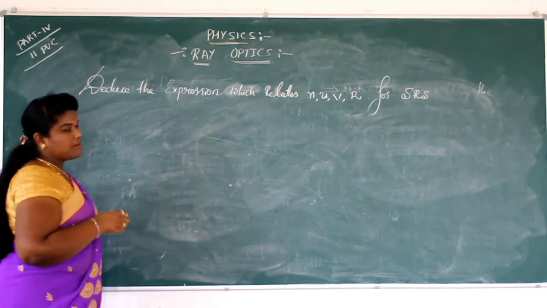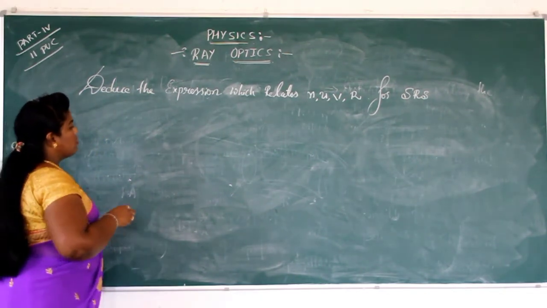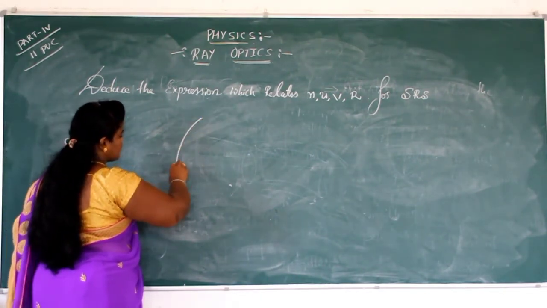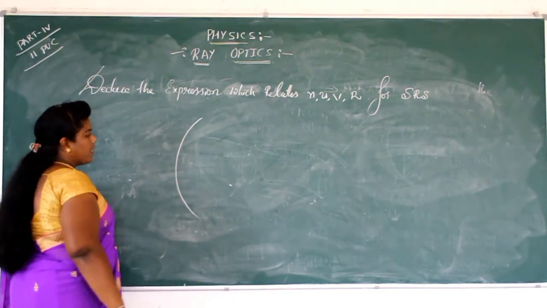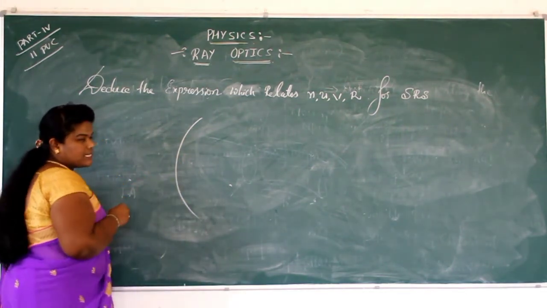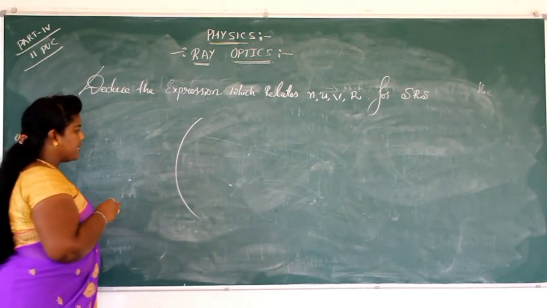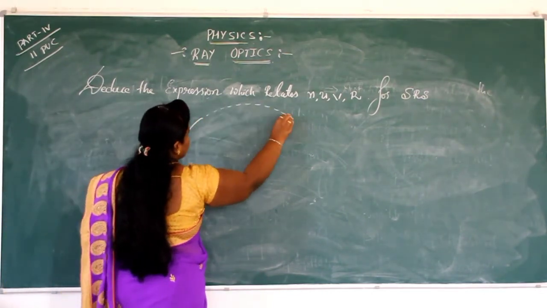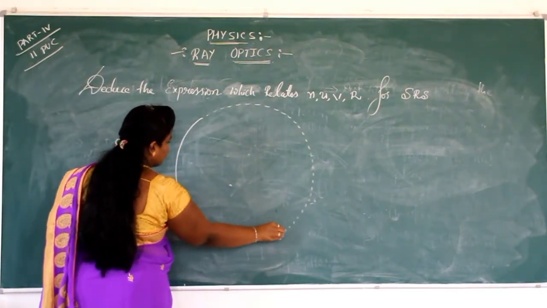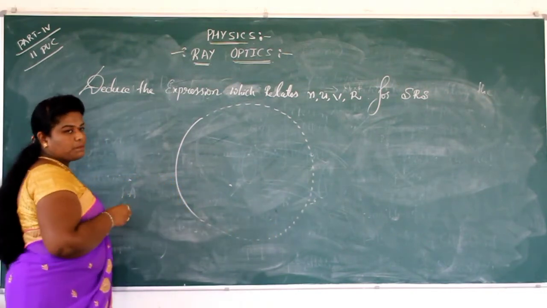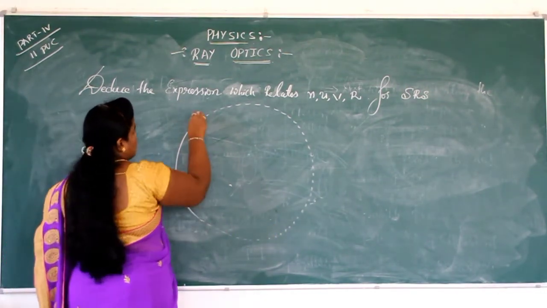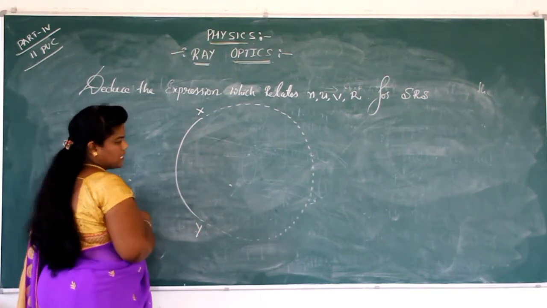So dear students, now I am going to consider a convex spherical refracting surface, where the convex surface is towards the rarer medium. I am going to extend this to get a complete sphere. This aperture is given the name XY.